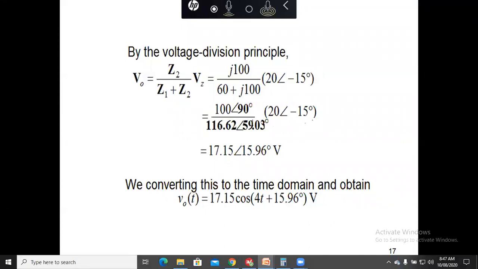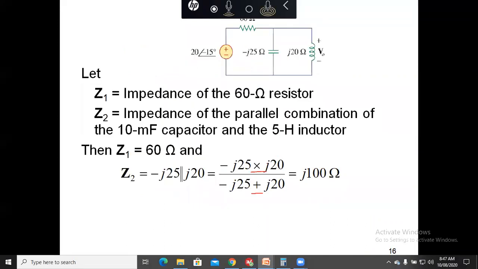First, I calculate the voltage across the second impedance because I need to calculate the voltage at these points, right?